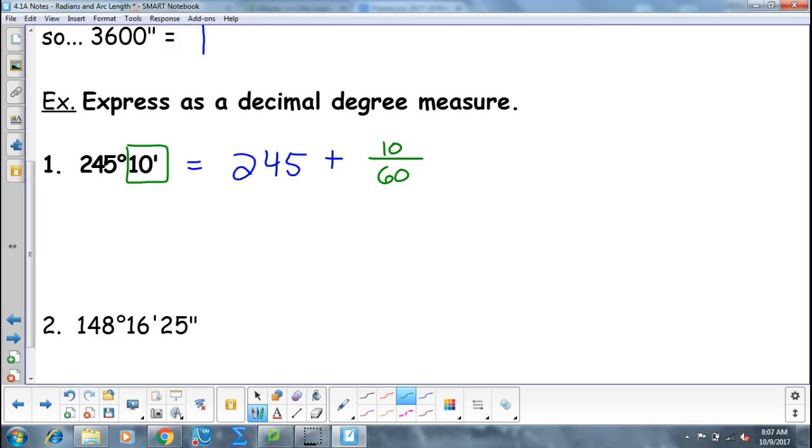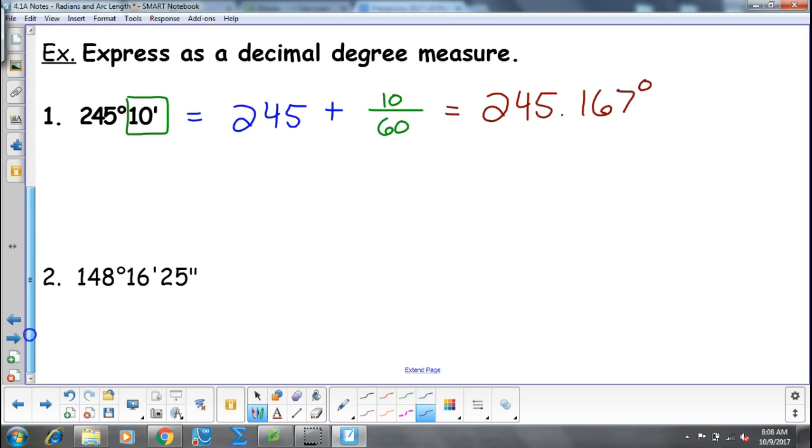Okay? So that is 245.167 degrees. And that would be the decimal form. Because 10 divided by 60 is the same as 1 divided by 6 is the same as 0.016 with the 6 repeating. Okay? So let's round to 3. Okay?